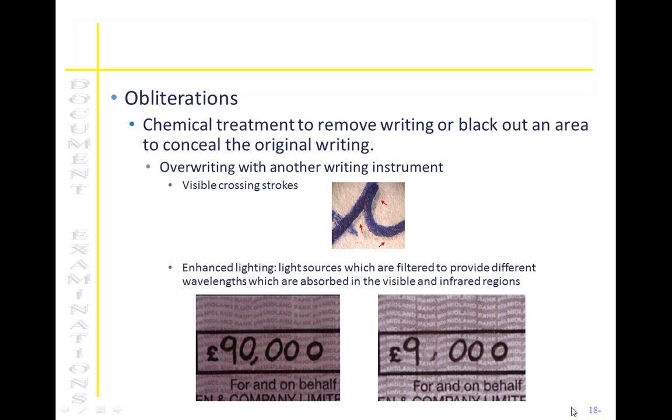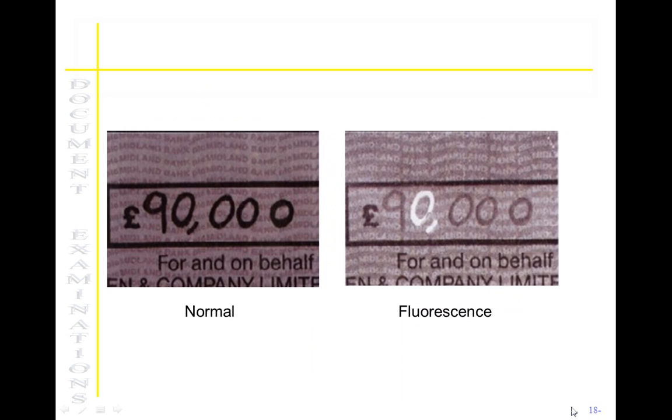And you can see from this example where a 0 had actually been added into the amount. And once again, that same document under different lighting to show that the one ink actually fluoresces with a particular wavelength of light.